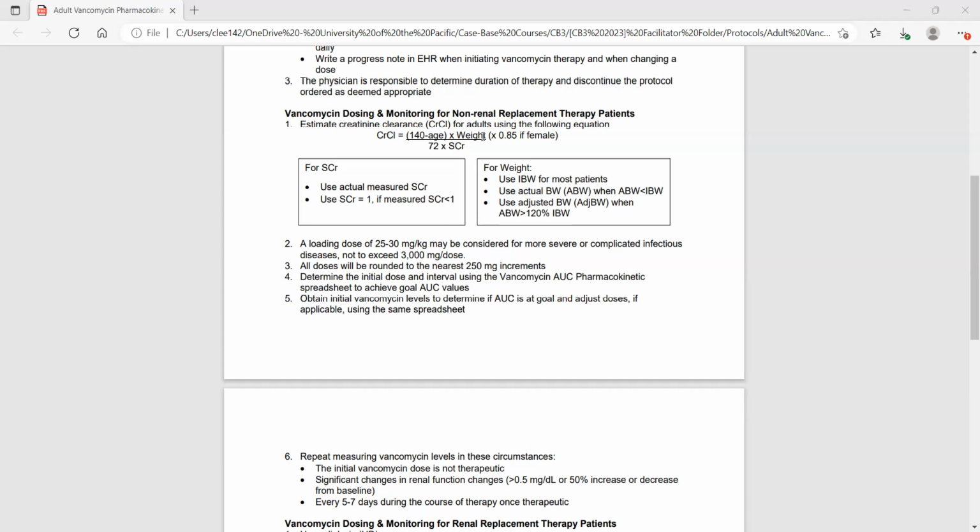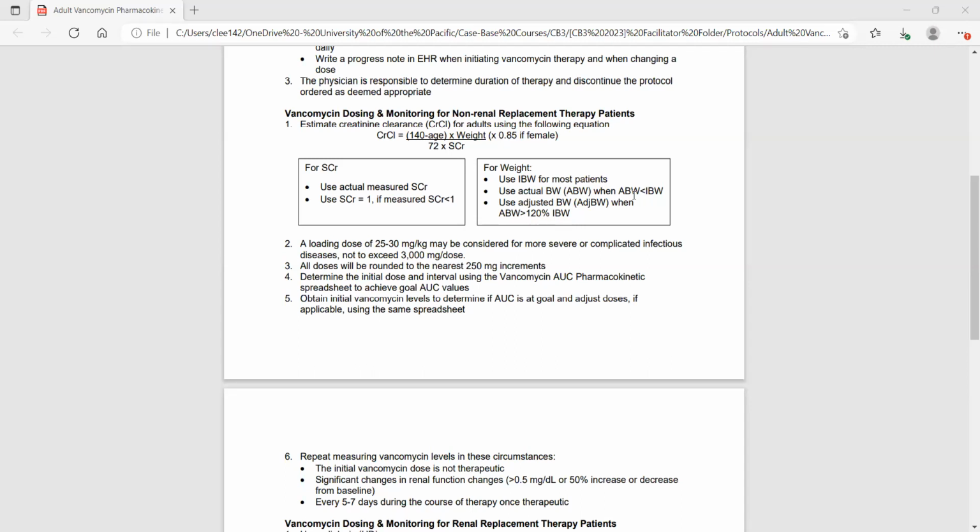But sometimes hospitals or different pharmacists will say, for example, if the ideal body weight is 20% lower than actual body weight, you might use the ideal body weight instead. And then you use adjusted body weight when the actual body weight is 120% more than the IBW. So from 100% to 120%, you use the IBW.